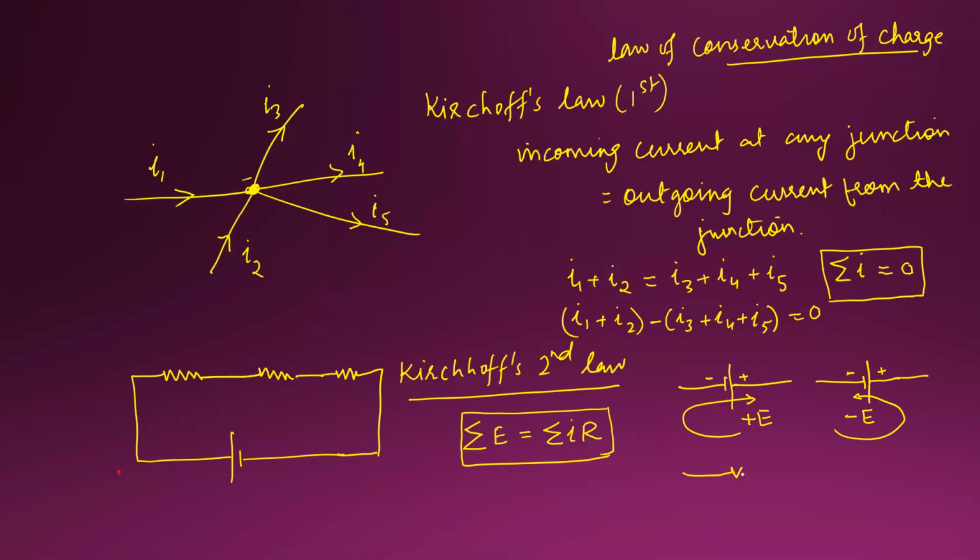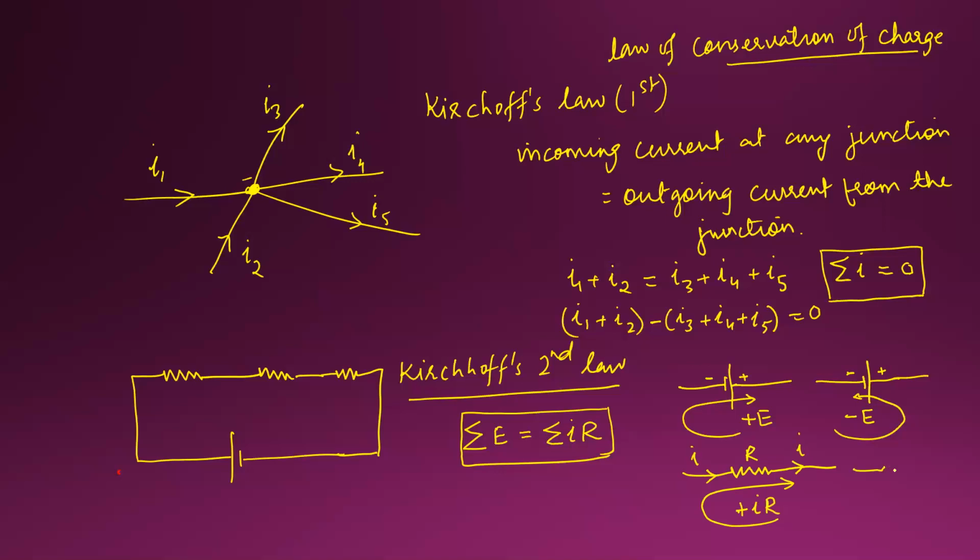If there is any resistance in the circuit and the current, with the help of Kirchhoff's first law, flows in a particular direction, and the direction of your assumed loop is the same as the direction of current flow, then the potential difference across this resistance will be taken as positive.